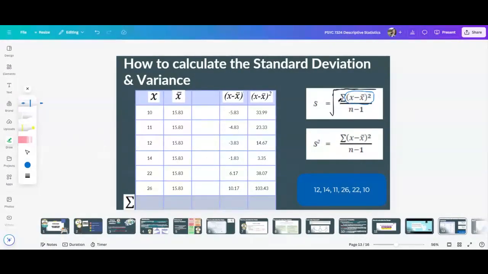So now what we need to do is work out the sum of that. So we can simply plug it all into this formula, okay? So we need to add all of these points together. Will everyone please do so that we can check if we are correct. Okay, so we're going to add 33.99 plus 23.33, etc. Okay, all of these 6 numbers together.